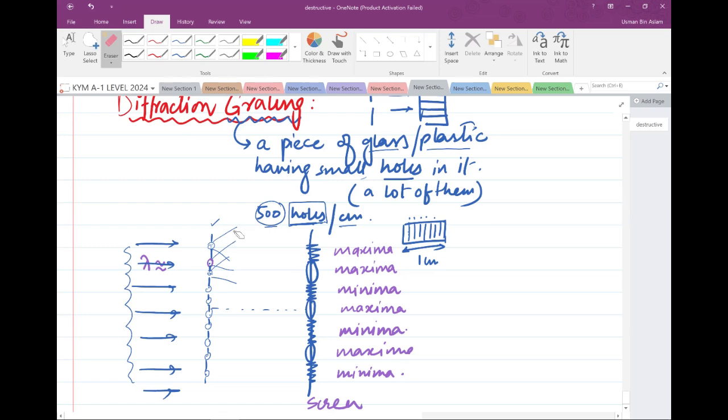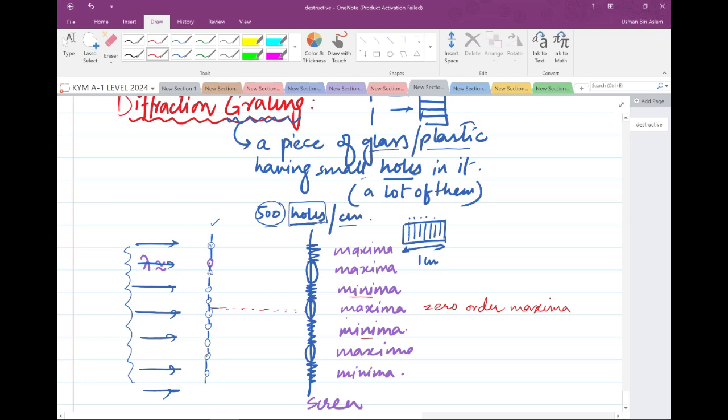Initially we had only two holes, but now we have a lot of holes here. At the center there will be a maxima or a bright fringe formed. This is called a zero order maxima. And then there is a minima on either side.